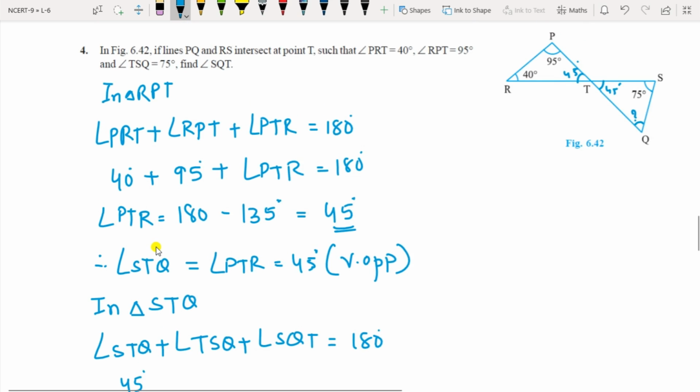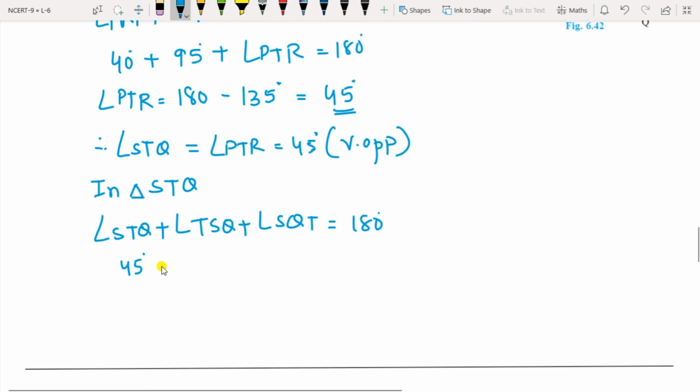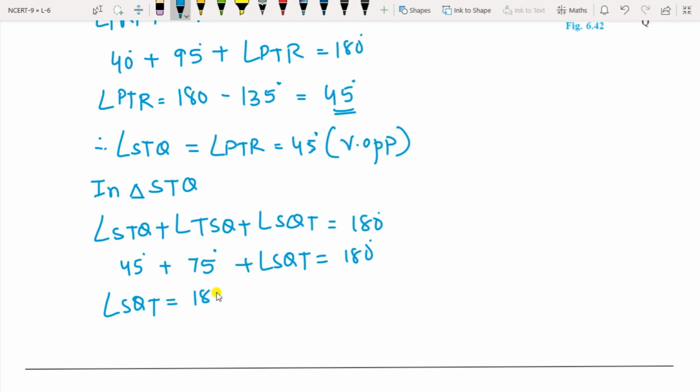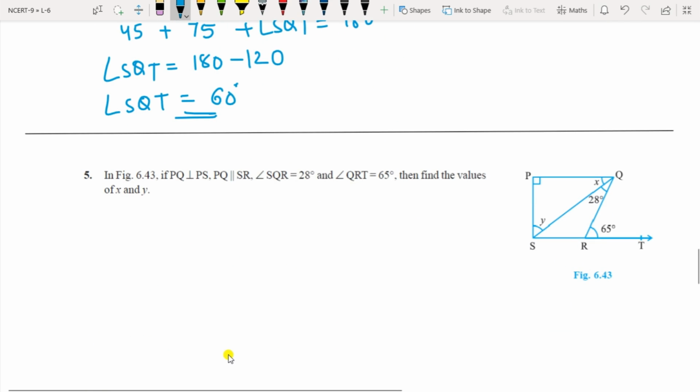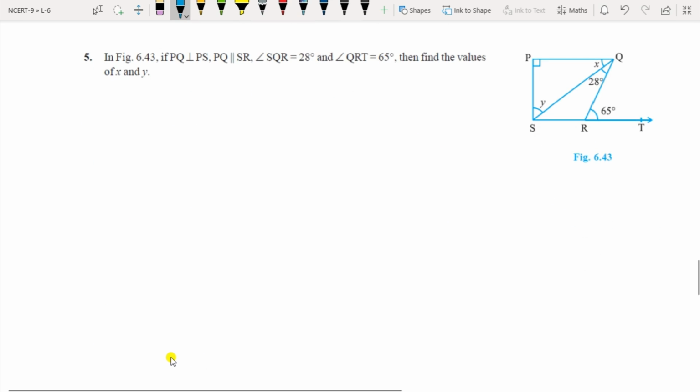TSQ, the center is S, so S is 75, that is given, plus Q you need to find equal to 180. So angle SQT is 180 minus 120. Okay, so angle SQT equal to 60 degrees. So this way you have to solve your question number 4 of exercise 6.3.